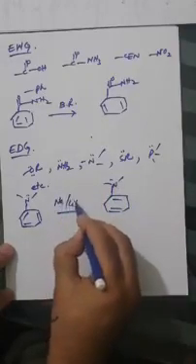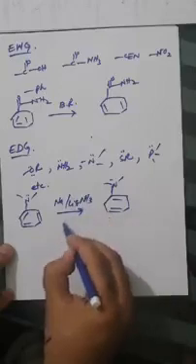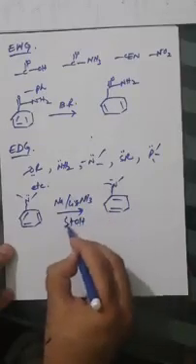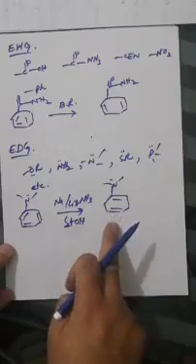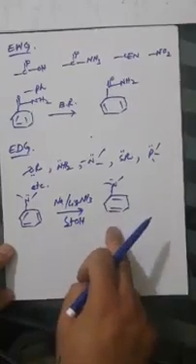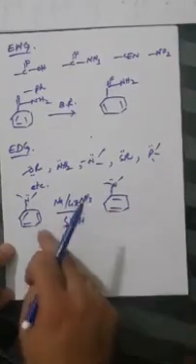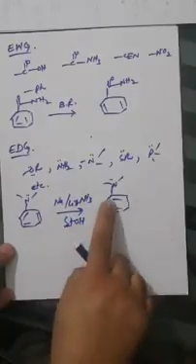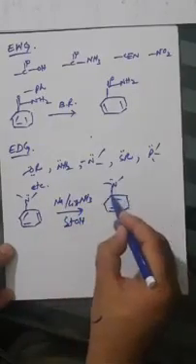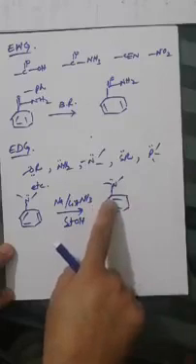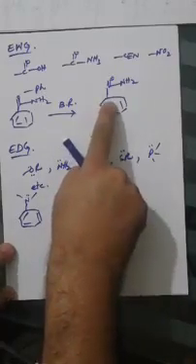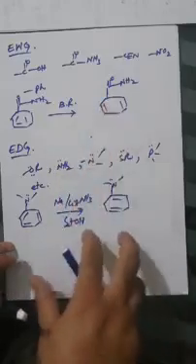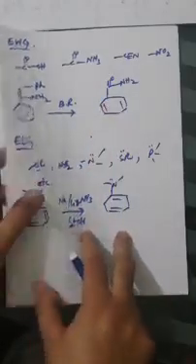Sodium in liquid ammonia in a protic polar solvent like ethanol. So this would be the major product where the meta attack is more favorable. What is the hybridization of this ipso carbon? sp2 hybridized. Here you have sp3 hybridized. I hope you will remember this principle.